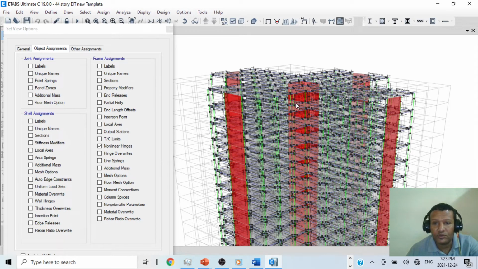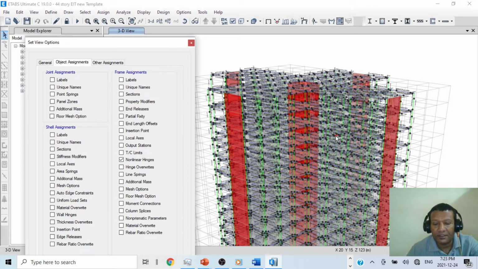I will explain it later, just for your information. Now as you can see, our linear model is changed into a nonlinear model. So we are going to perform our pushover analysis and nonlinear time history analysis in this nonlinear modeling.